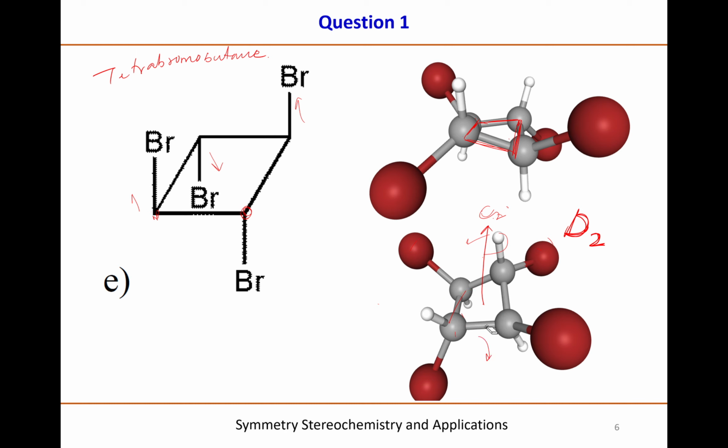So that's why this horizontal plane is not present in this case. Only a vertical plane is present, which is parallel to the principal axis. Okay, so a vertical plane is present, there is no horizontal plane, that's why we will write here D2V. The point group for this one will become D2V.